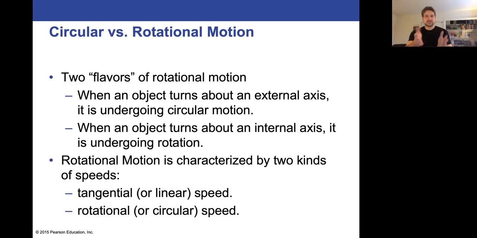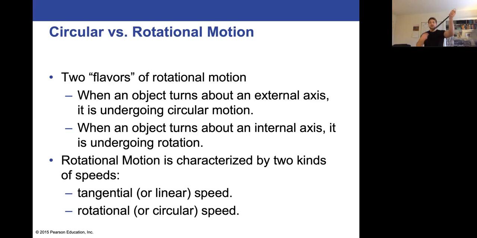I modified this slide a little bit. Here's how I'd like us to think about this. If we're talking about the clip moving in a circular path, it's because the point around which it is rotating is outside itself.